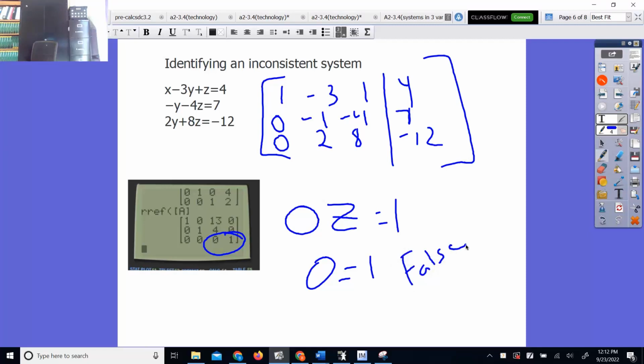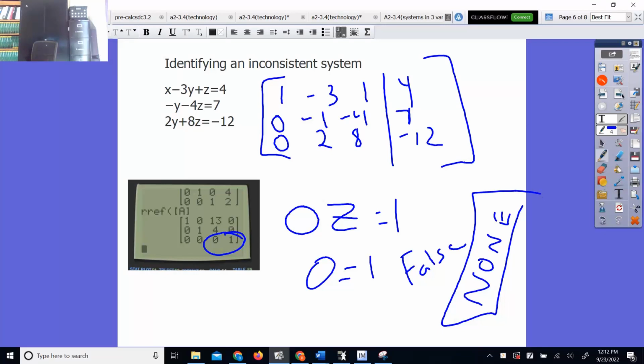How many solutions? None. It's known as an inconsistent system. It has no solutions. I know I wrote none. It's supposed to say no solutions.